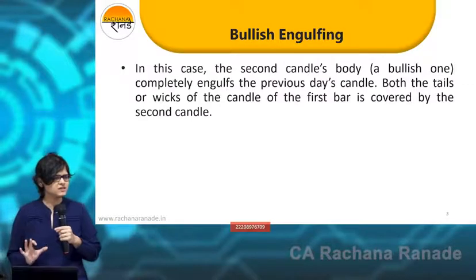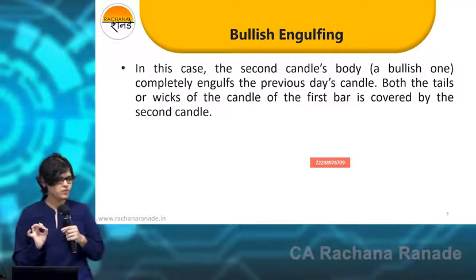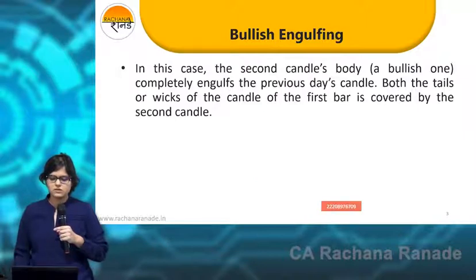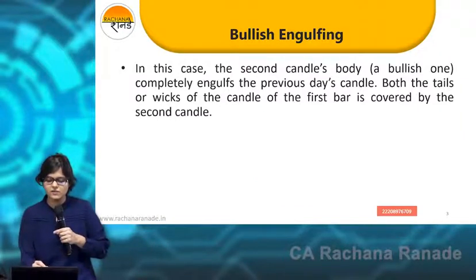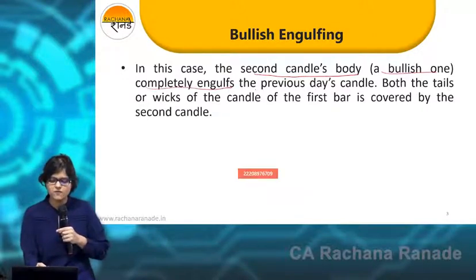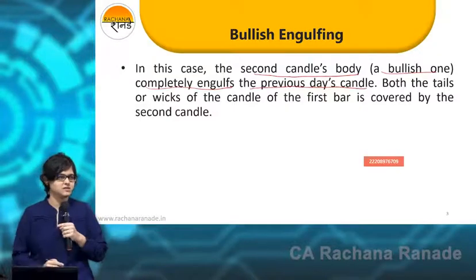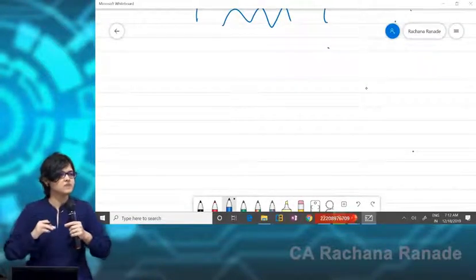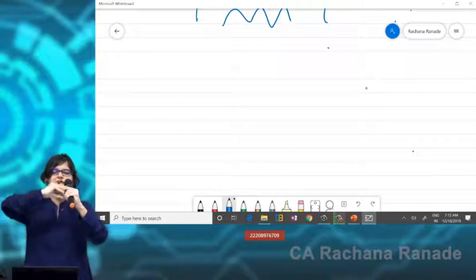First, let us understand. I'll give you time to write down the most important points in this. So what happens in this one is that the second candlestick, or the second candle's body, which is a bullish one, completely engulfs the previous day's candlestick. Let's understand what we mean by completely engulfs. Engulfs is like it eats it up.